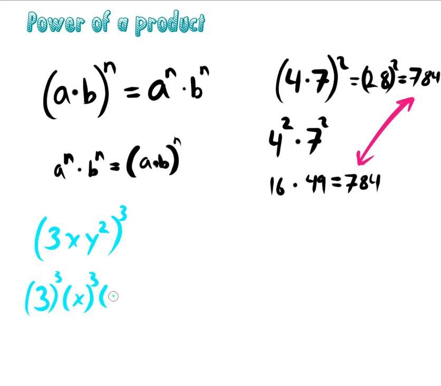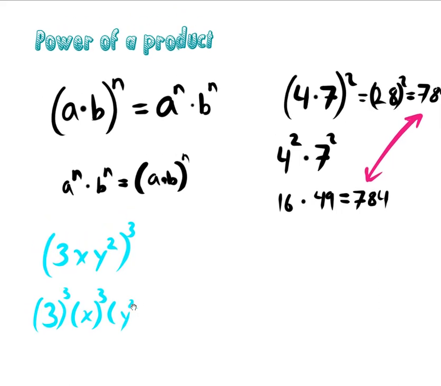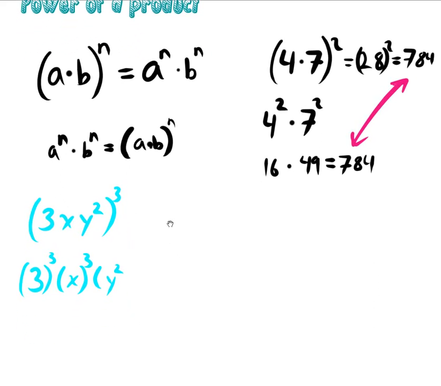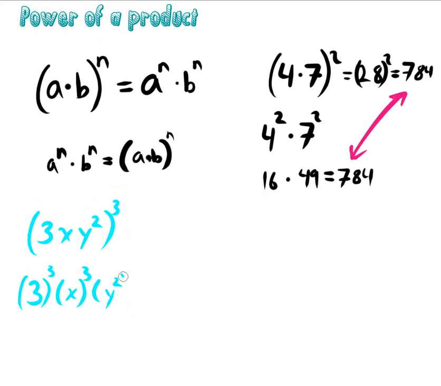And I can take my y squared and raise that to the 3rd power. Now let's simplify it a little bit. 3 to the 3rd power I could easily do on my calculator. 3 times 3 times 3 is equal to 27. So 3 cubed is equal to 27.